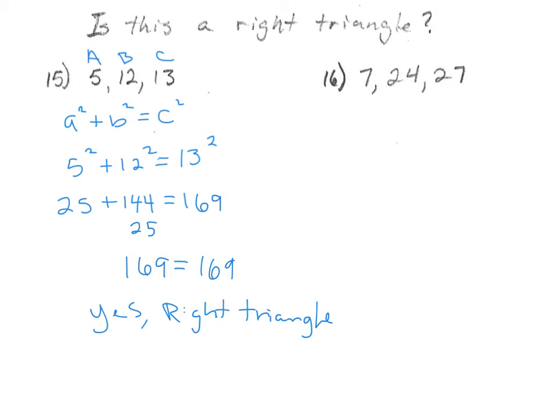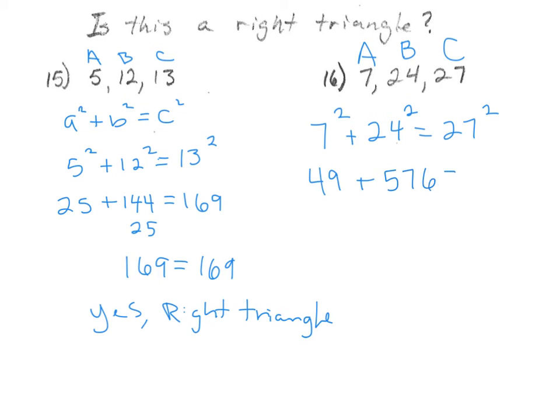Number 16 is the same thing. My shorter two sides are going to be a and b. My longest side has to be c. So I'm going to have 7 squared plus 24 squared has to equal 27 squared. 7 squared is 49. 24 squared is 576. And that has to equal 729.